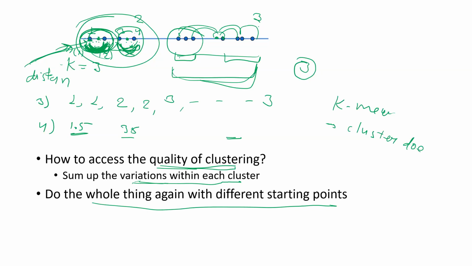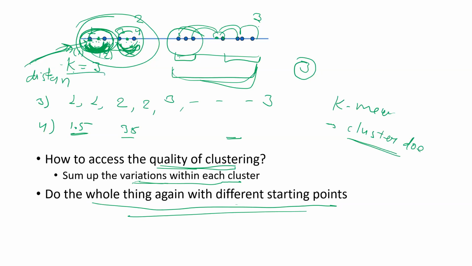So for finding the best grouping, you start your algorithm again, do it a number of times, and choose over those n runs the one giving the least variation. That's how you overcome this problem.